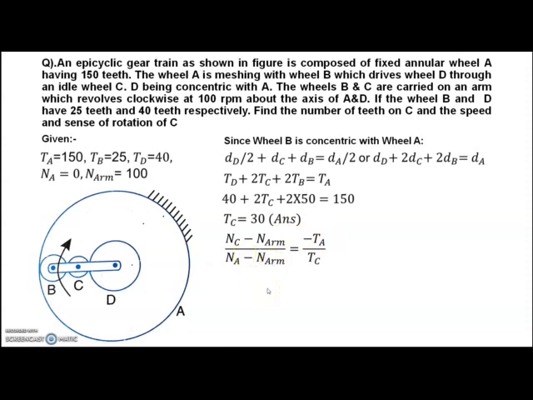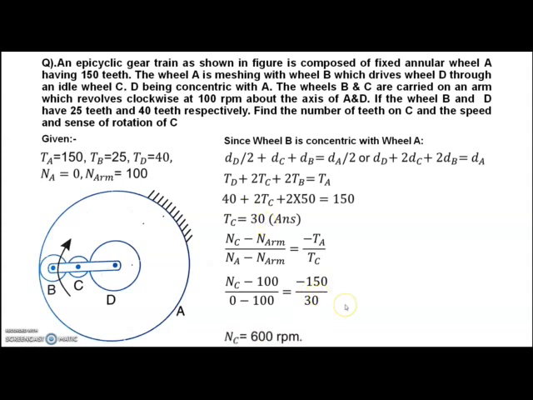Now simply put in the values and get the answer. NC we have to find out, NR is given 100. Clockwise we have taken plus; you can take minus also based on our wish. Only thing is we have to adhere to the direction. So NC you have to find out, NR is given 100, NA is fixed so here we put 0, again the arm is 100, TA is the number of teeth on A, that is 150, and TC is 30, which we have just now found out.